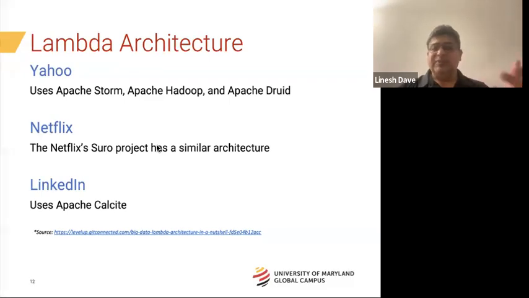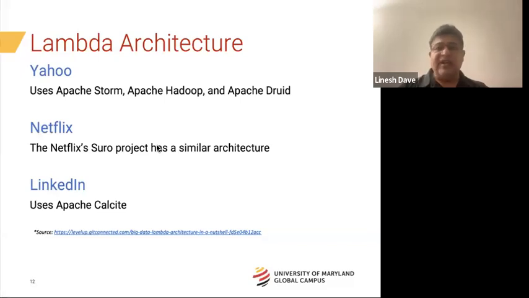Yahoo uses Apache Storm for its real-time processing, Hadoop for its batch processing, and Apache Druid, a technology very similar to Kafka, which is a very enhanced data storage layer pulling in data and then serving it to these two different layers, the real-time processing and the batch processing layers.